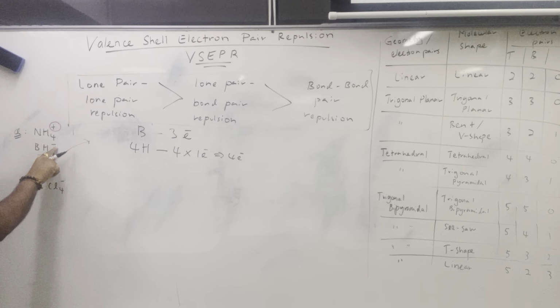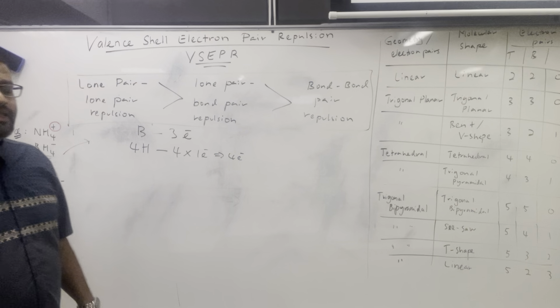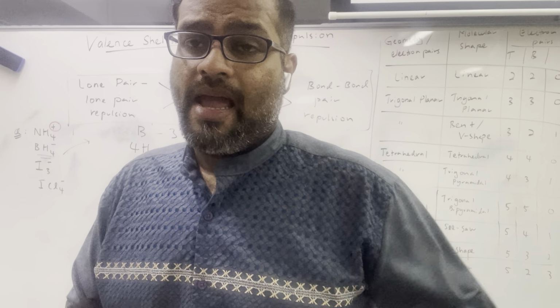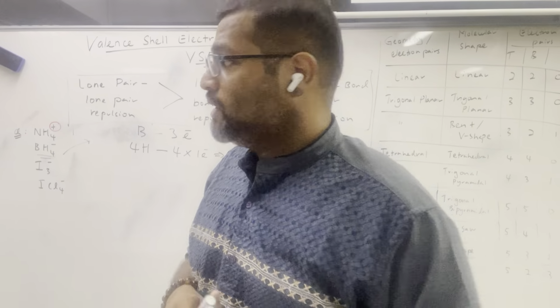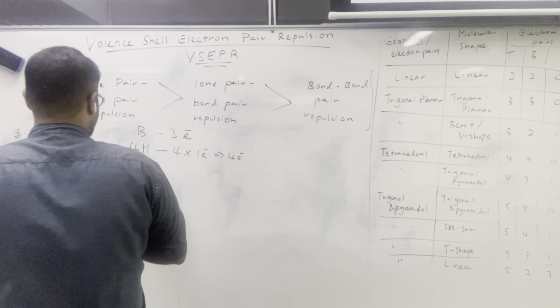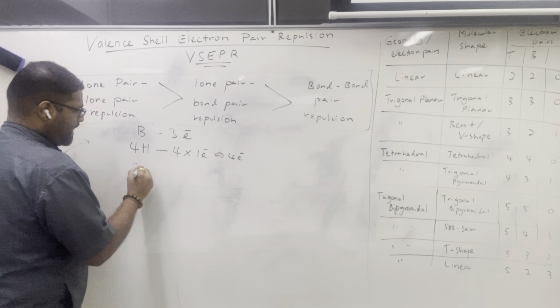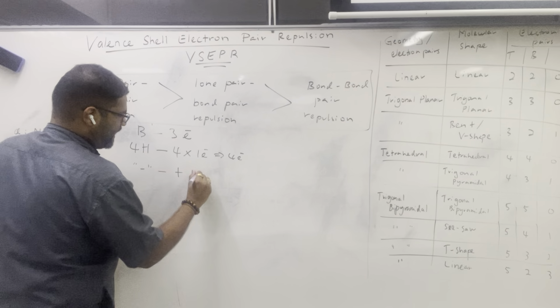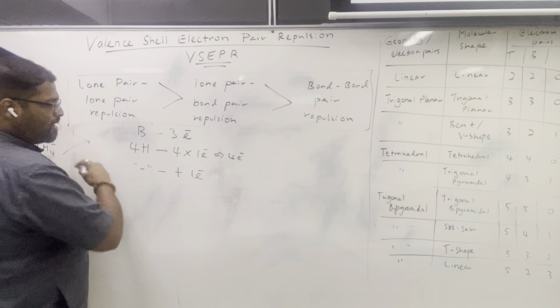And of course the negative charge signifies the electron added to the molecule. Since it is -1, it means 1 electron is being added, so we need to add 1 electron.